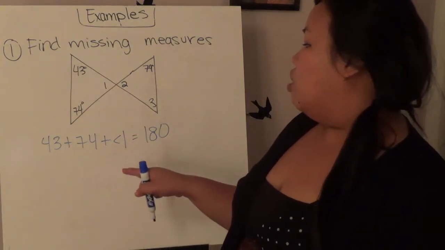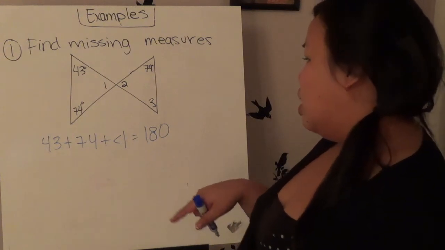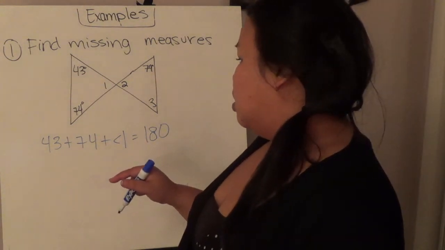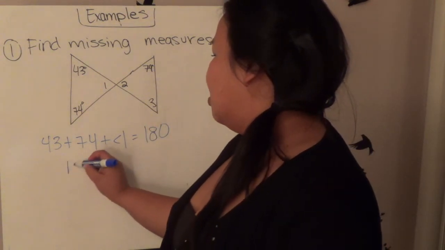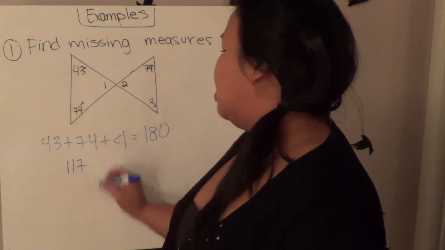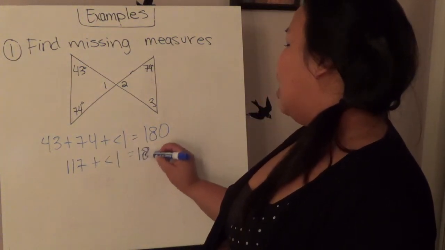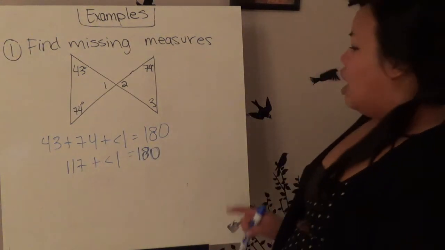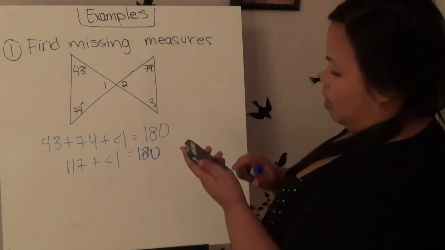So 43 plus 74 is 117, sorry, plus angle 1 equals 180.